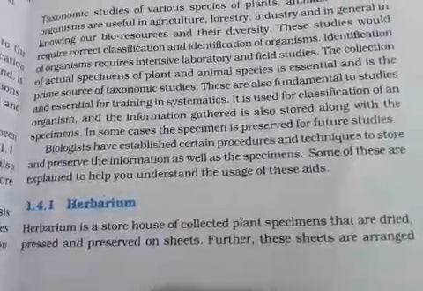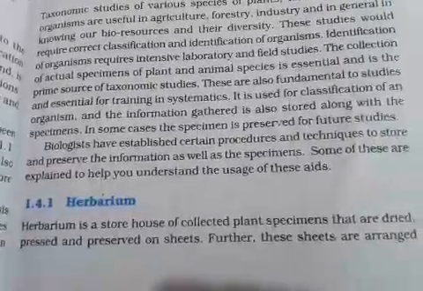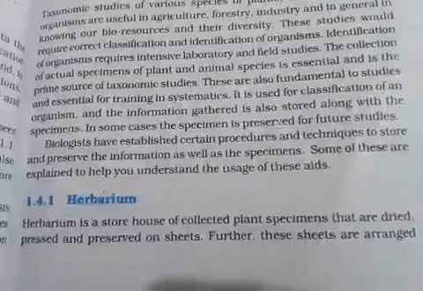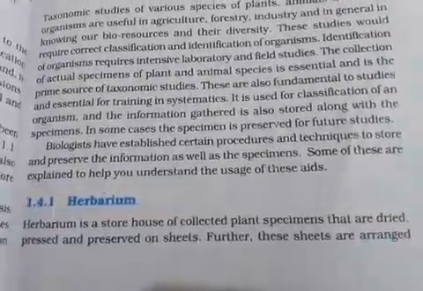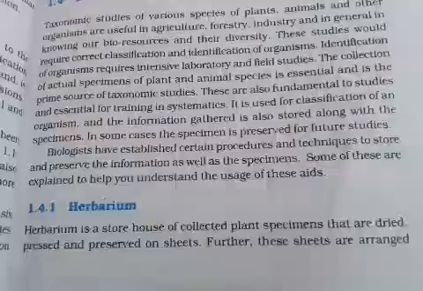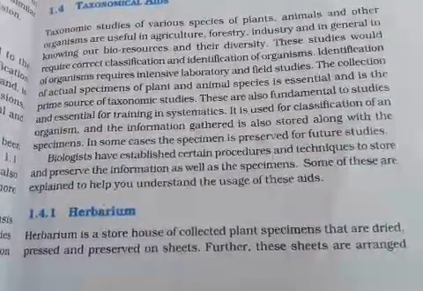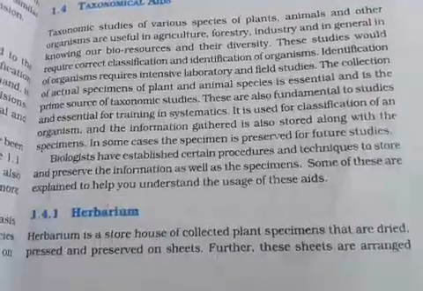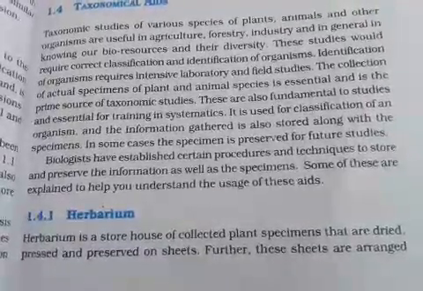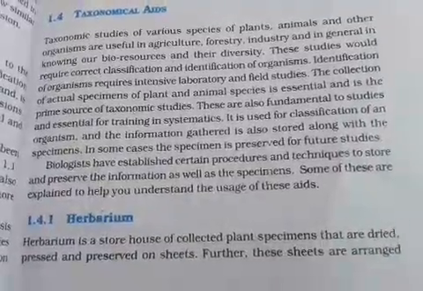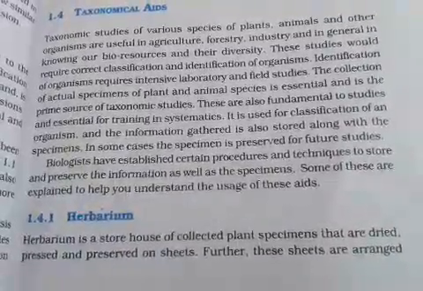First we dry those parts, whether leaf or shoot, then press them and preserve them on sheets. The leaves or other structures are kept on the sheets and then stapled, in a specific arrangement.